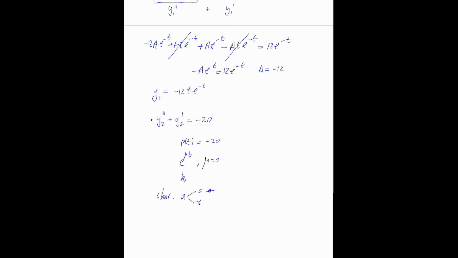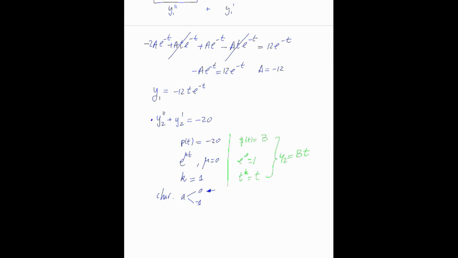So the 0 is once there, so k should be 1. I change to green as usual, and what do I have? I have q of t is a constant, let me call it b. Here e to the mu t doesn't appear, so we have e to the 0, which is 1, and this is t to the k, which is t to the 1 or t.